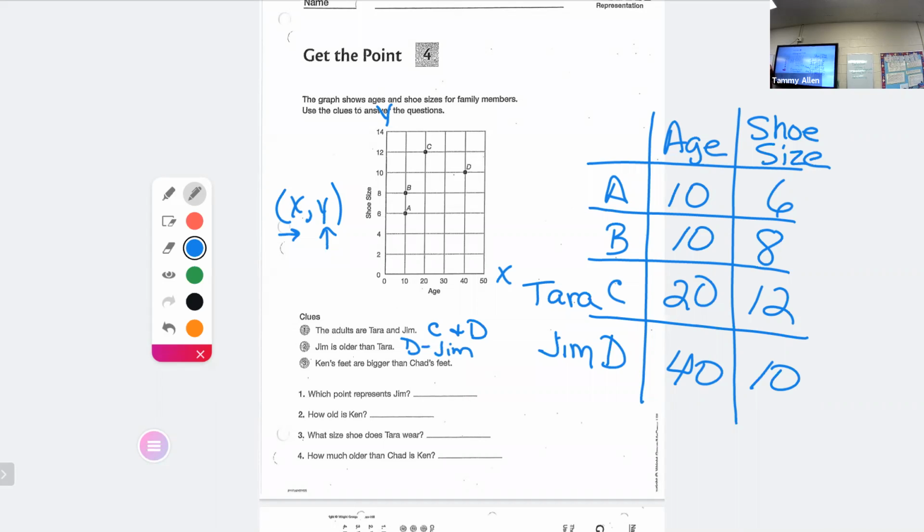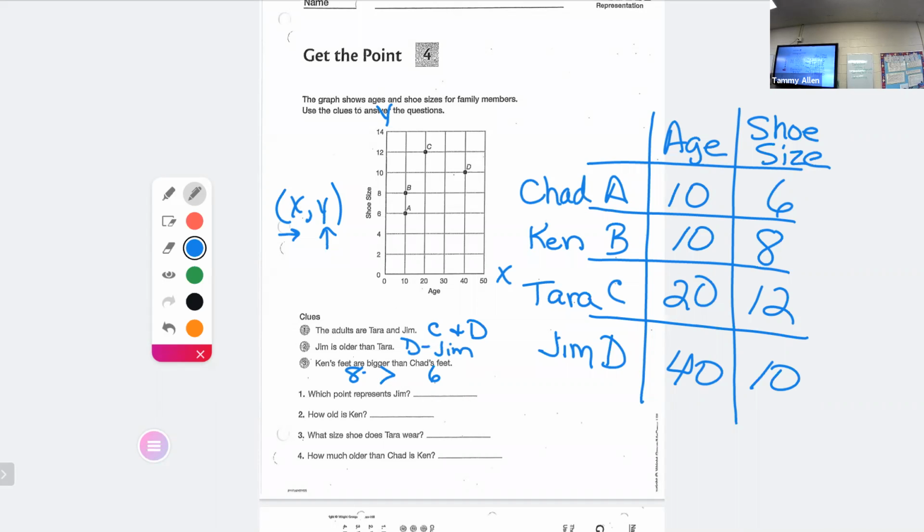A here, the owner is left, so B has bigger feet than A, so he has to be 10. Okay. So that would be 8. This would be 6 because 8 is greater than 6. So Ken is B and Chad is A.